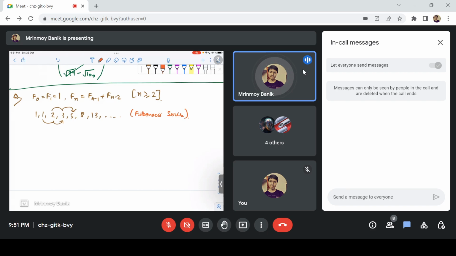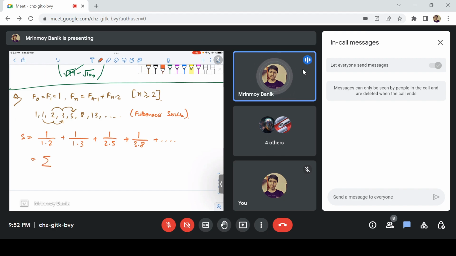So now find this sum. 1 times 2 plus 1 times 3 plus, just a minute. Okay, so this is right. 1 times 3 plus 2 times 5, 3 times 8, and like that.